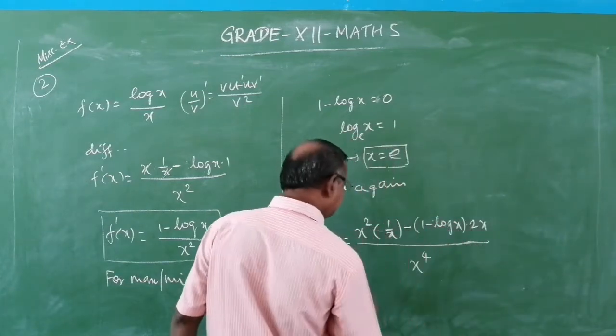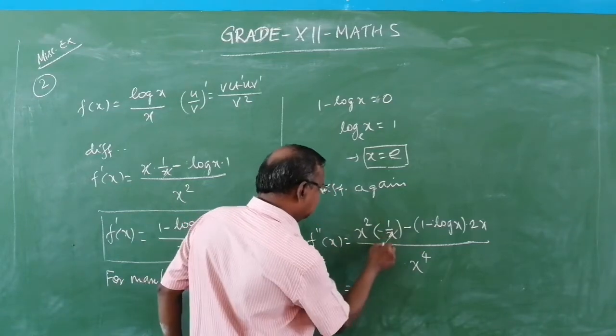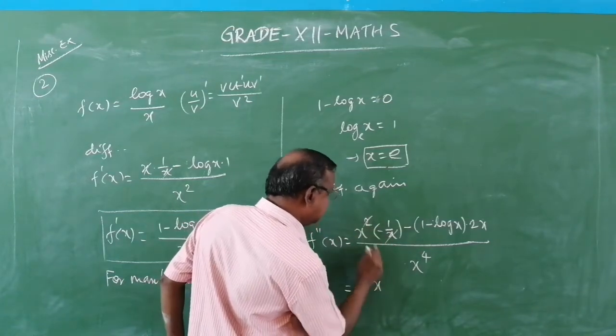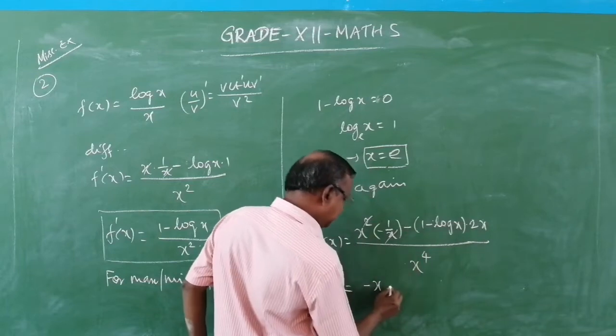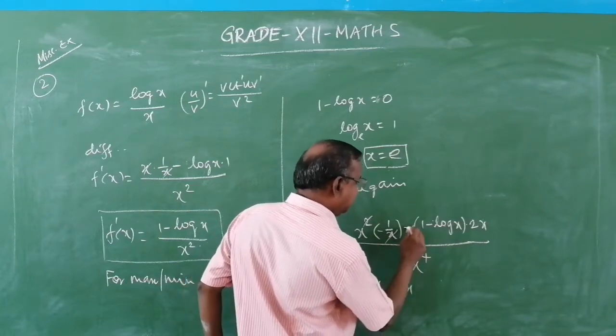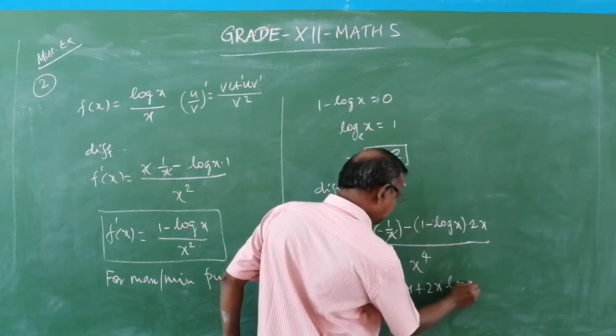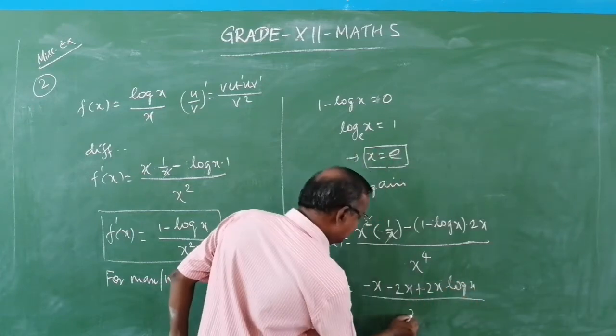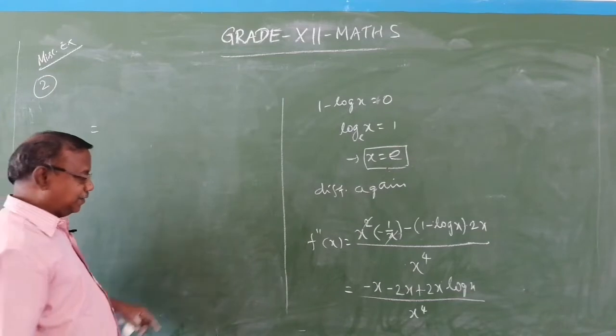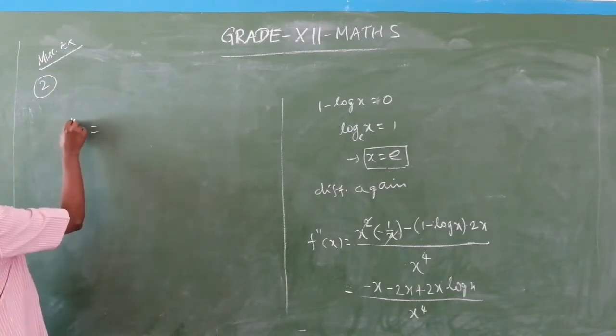Now this minus x minus 2x, minus into minus plus 2x log x divided by x power 4, that is f double dash of x. Let us simplify f double dash of x.